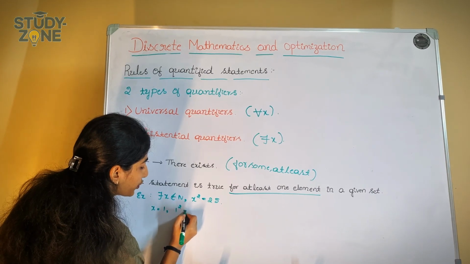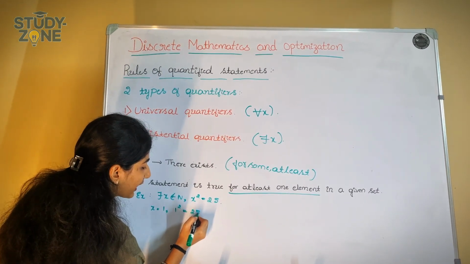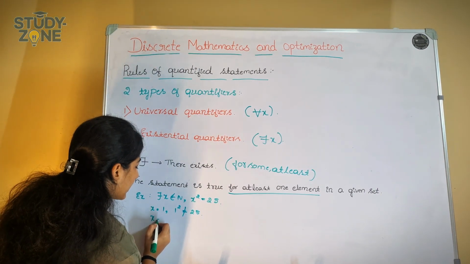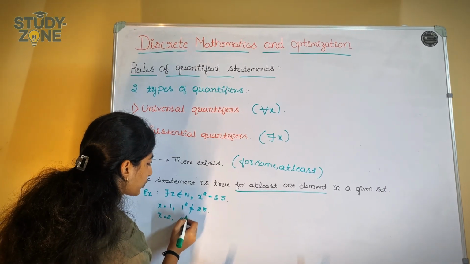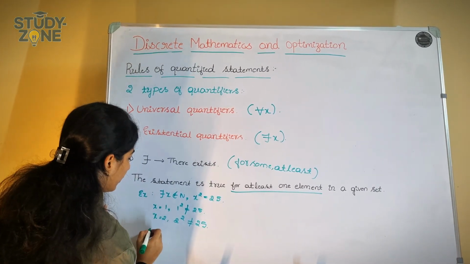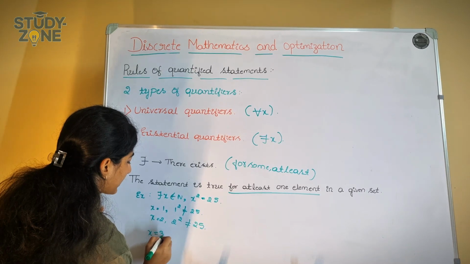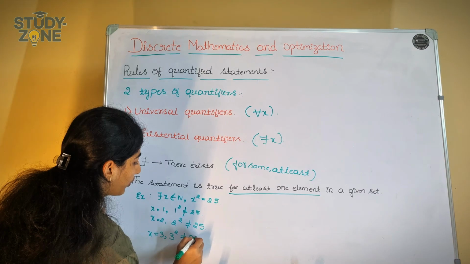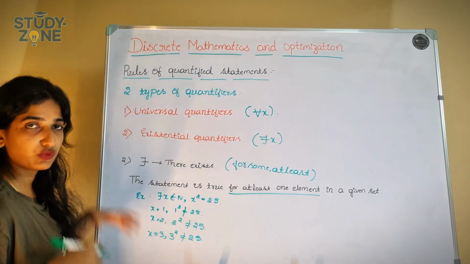Is 1 square equal to 25? No, correct? So it is not equal to 25. And then let us take x equals 2. Does 2 square equal 25? No, right? So it is also wrong. And then let us take x equals 3. Does 3 square equal 25? No. So now we have to continue.